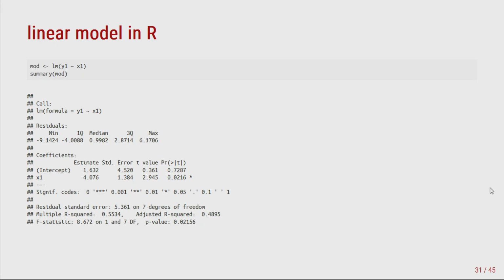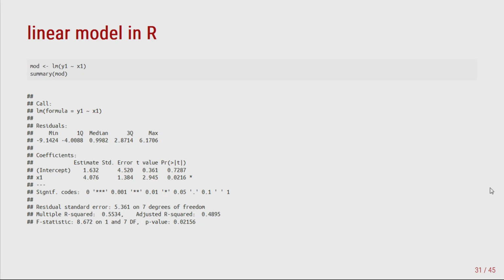So we have here the formula that we used in our model. It will remind us what model we are building. It will show us the residual distribution, the minimum, the maximum, the median. It will show us the coefficients of our model, the intercept and the slope here.